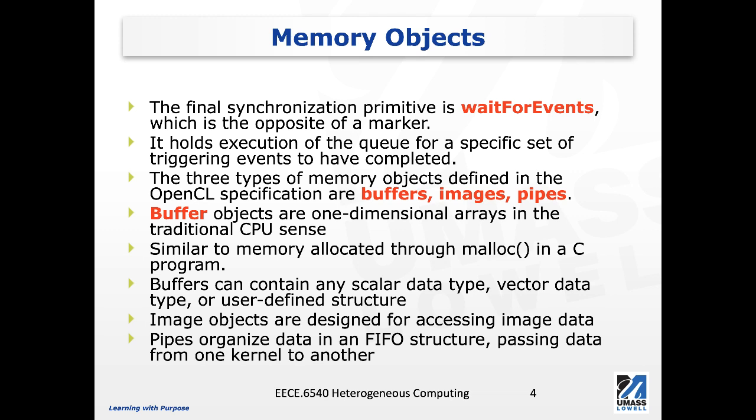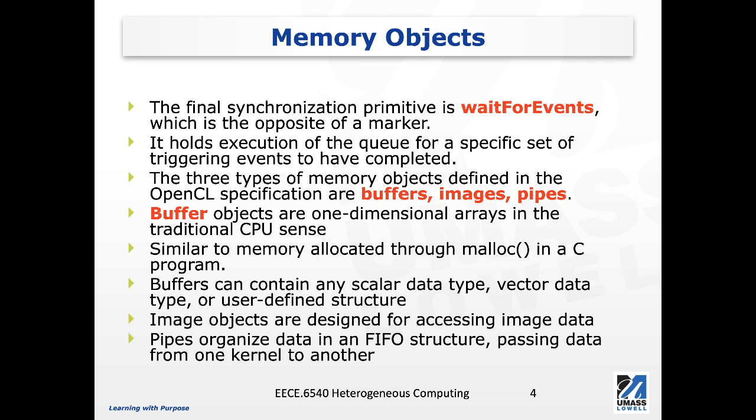Buffer objects in general are one-dimensional arrays in the traditional CPU sense. You can use buffers for initializing your data, and also for computation, and of course for storing the computation result. It's similar to malloc in a C program, but we use create buffer in very different ways from a C program.